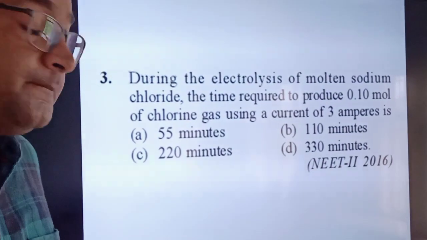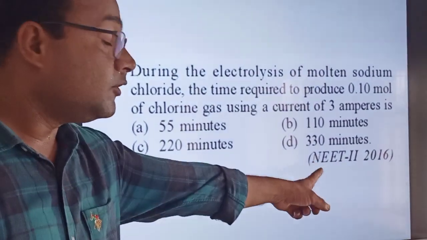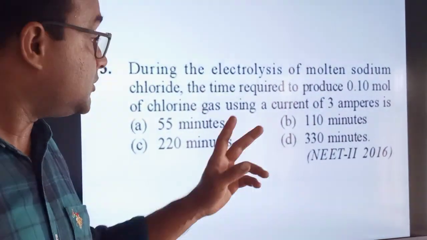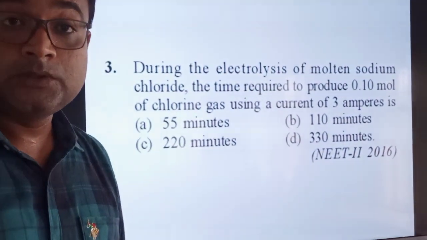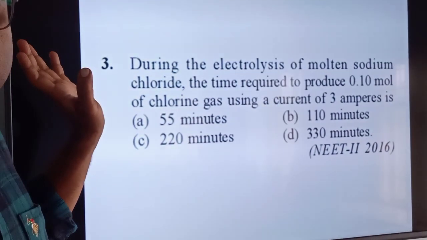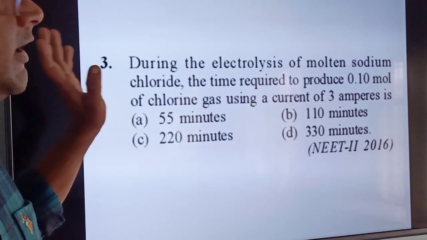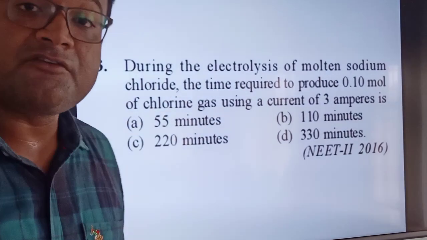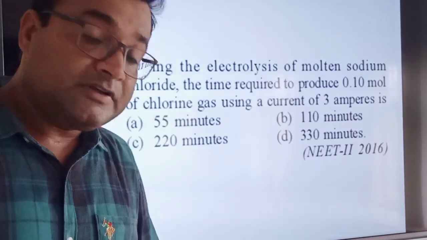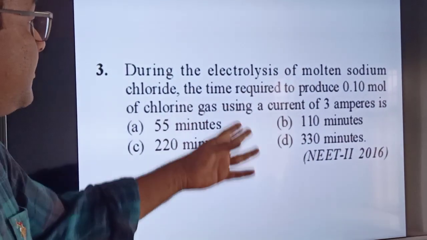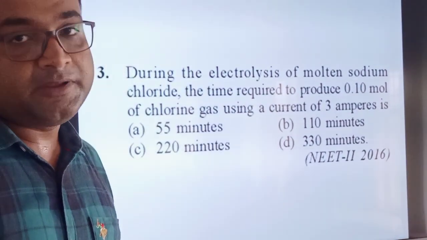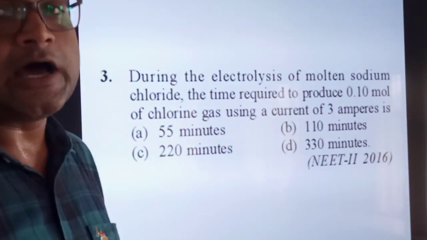Question number 3. Again, 2 questions are repeated. 2 questions came from electrochemistry in the same year 2016. The earlier question was based on the molar conductivity, and this question is based on Faraday's law. We studied 2 laws of Faraday, first law and second law, and probably this question will be from the first law of Faraday.